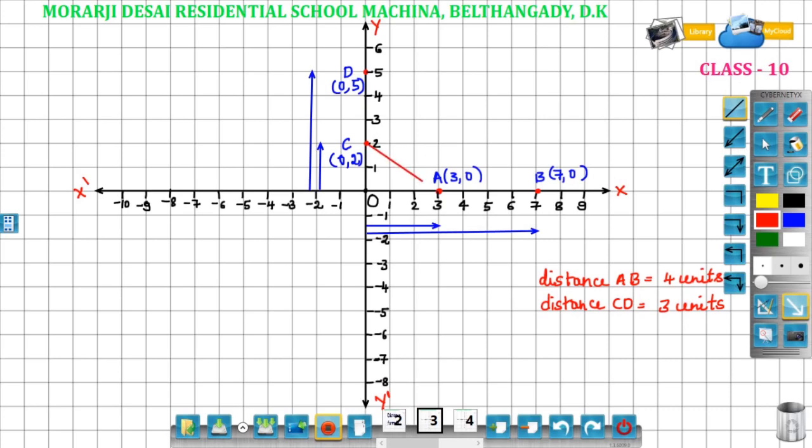Now let us find the distance between the points, one of them will lie on the x-axis and another on the y-axis. Now find the distance between point A and C. That is distance AC. How will you find the distance AC?